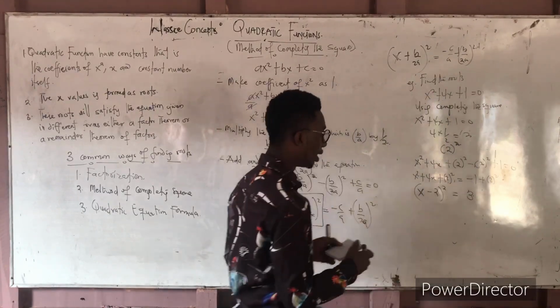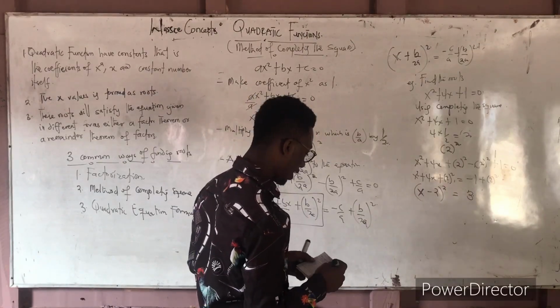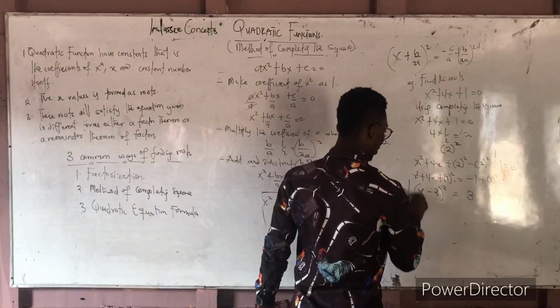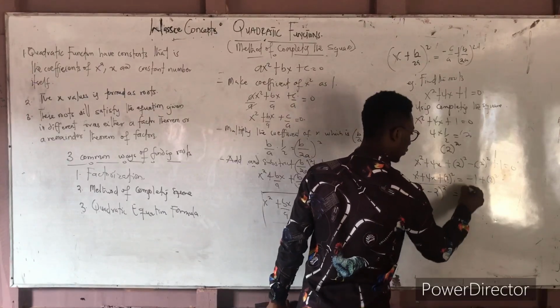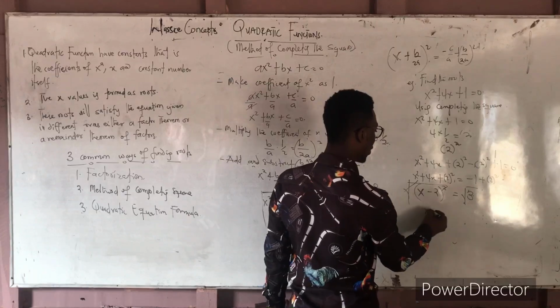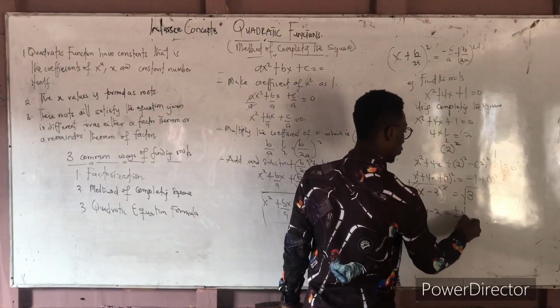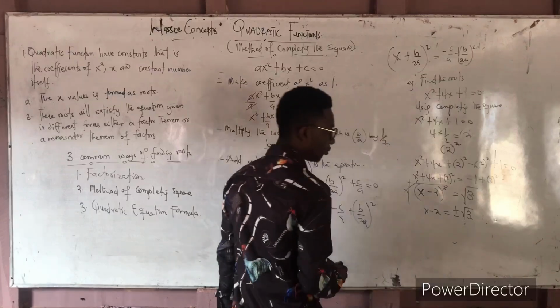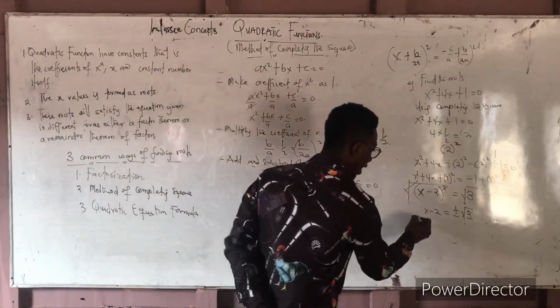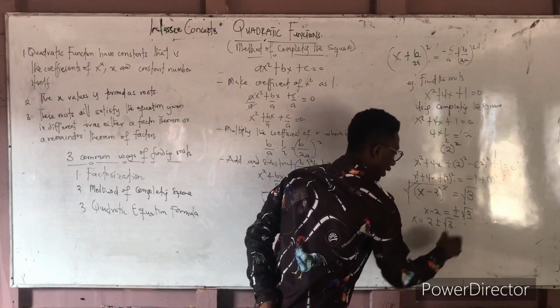Okay. So what happened here is that we can now take the square root of both sides. So you take the square root, this will cancel this. So we get x plus 2 is equal to plus or minus root of 3. So therefore x is equal to minus 2 plus or minus root of 3.